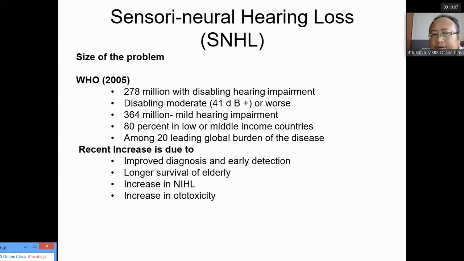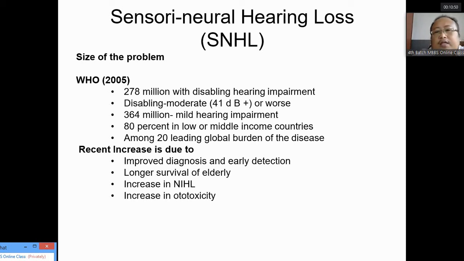In 2005, worldwide, about 278 million people had hearing impairment, and it was among the 20 leading causes of disease or impairment for the global burden. It means the majority of financial loss was due to hearing impairment.